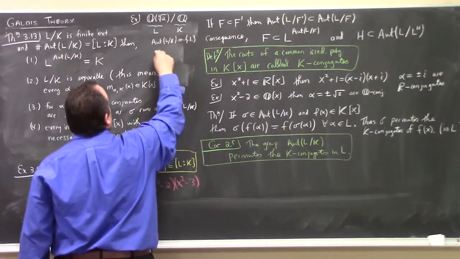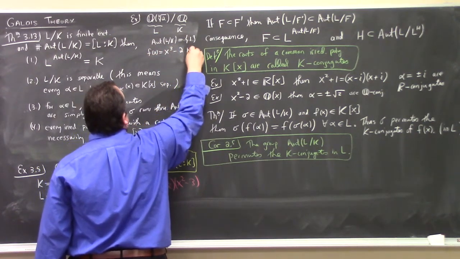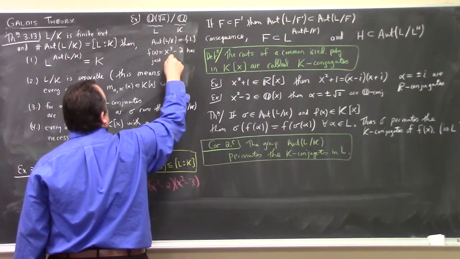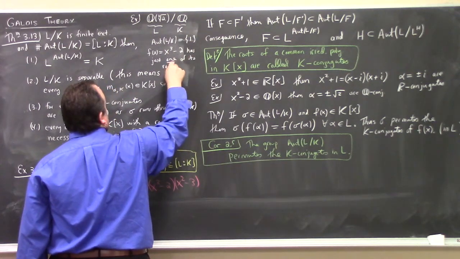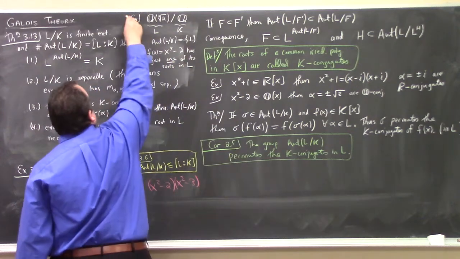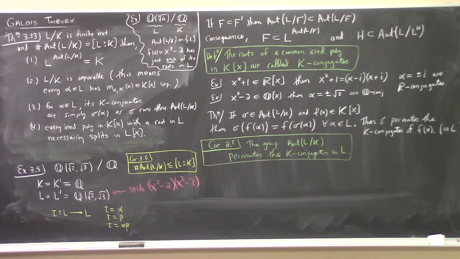And of course, f of x, x cubed minus 2, has just one of its roots in L, right? While this is a finite extension, it's got degree 3, it does not meet the criteria. The number of K-fixing automorphisms of L is not 3, it's 1. And so we don't get this list of goodies for this example.